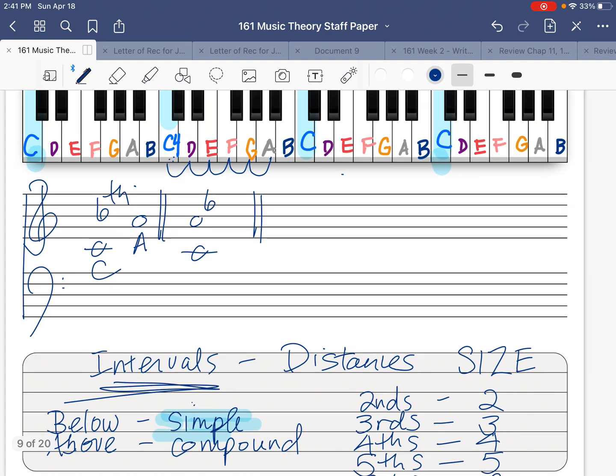If I do another one from D, D is 1, 2, 3, 4, 5, 6. That means from D to B is my sixth. Let's do one more sixth to get together. So why don't I start from G? So count G is 1, 1, 2, 3, 4, 5, 6. So G to E is a sixth.